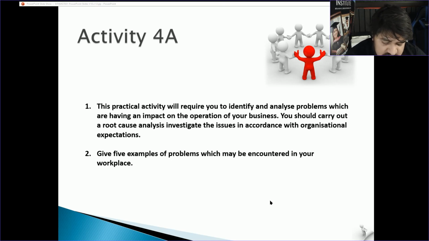Then we should be attempting to find out how long the problem has been there, if it's a consistent problem or it can be solved by doing a specific thing, and why it's reoccurring. Then we're talking to all the staff members and consulting them about the problem, how we can solve it and move forward. We also need to think about the environmental impacts of our possible solutions.